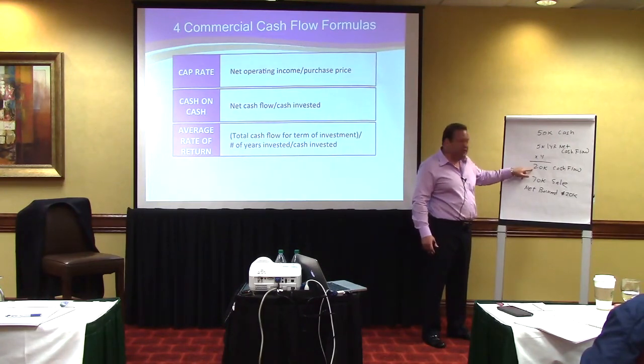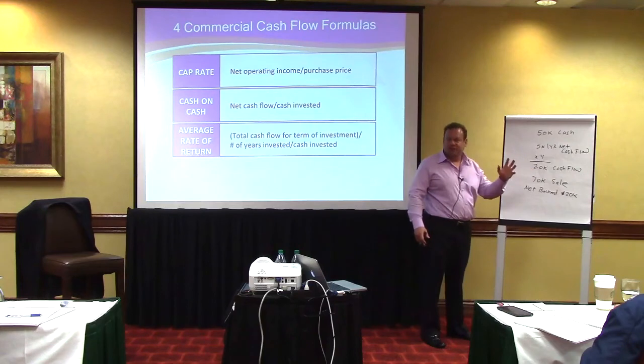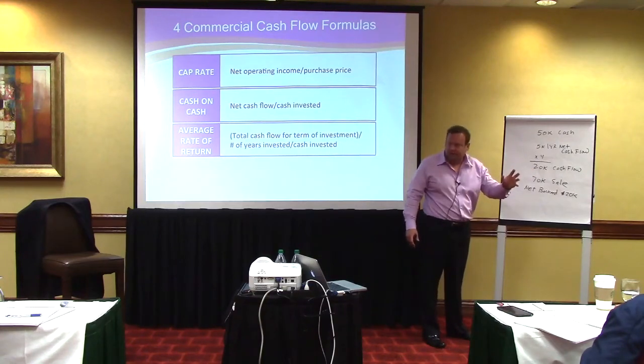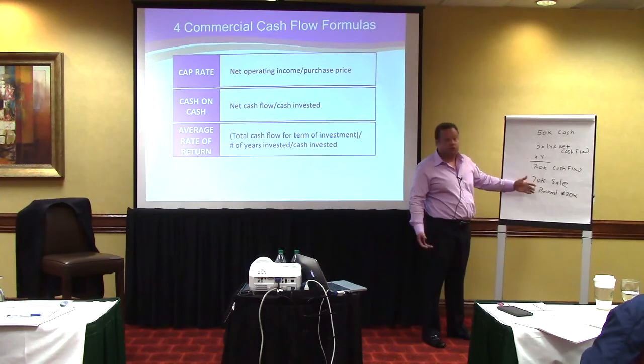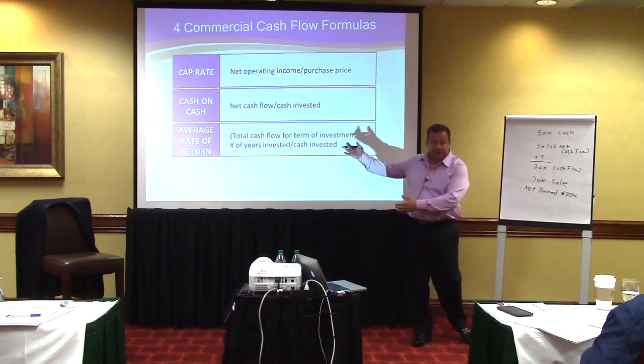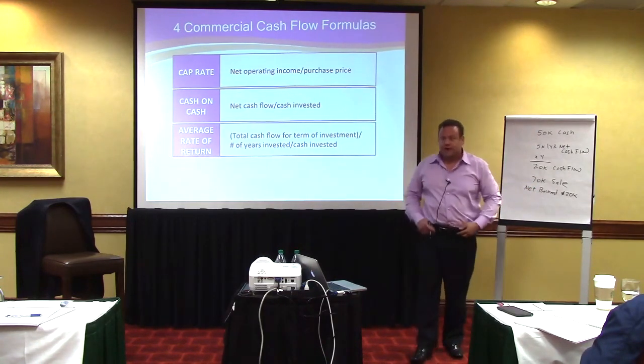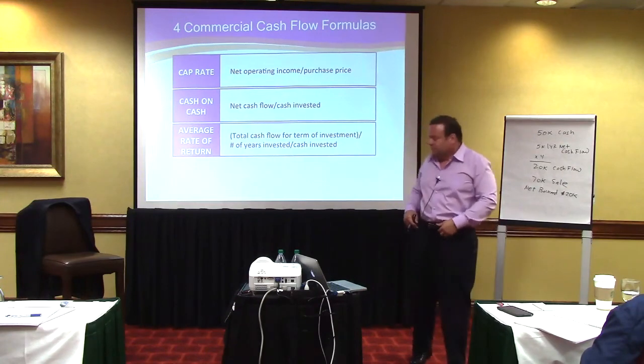So we take 40 divided by 4, and what did you average a year? 10 grand over the life of this investment. So what's 10 grand divided by 50? 20%. So what was your average rate of return over the life of the investment? It was 20%. Just do the same thing but bigger. Okay? Now, that's one measure.